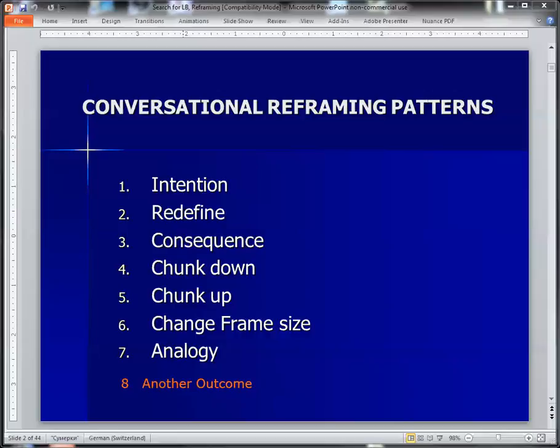Change frame size, I already mentioned for Irena, that when you're supposed to use a bigger number of people or more time or less time, it depends on the subject which you would like to reframe. Analogy is also quite obvious by the name.